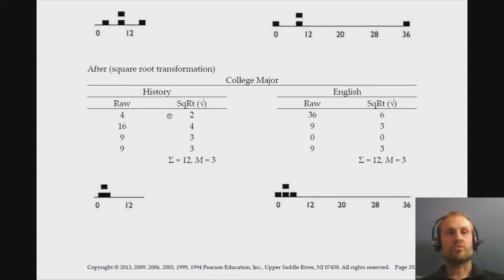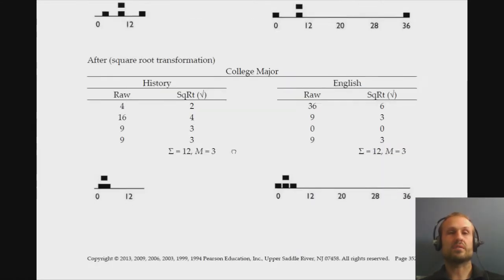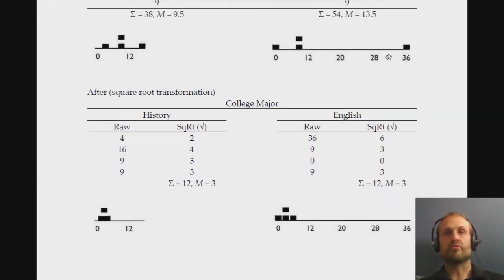So I take the square root of these numbers and I get 2, 4, 3, 3. And you see, yes, not a big sample. You see the little normal shape being resembled more than it has there. This one wasn't bad either, to be fair. For this one, I take the square root and I have them clustered together much better than before.